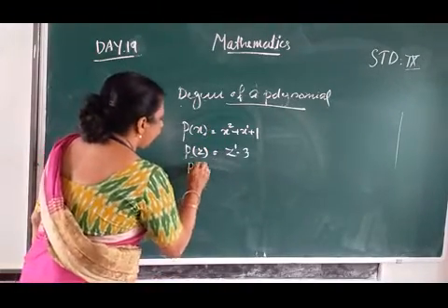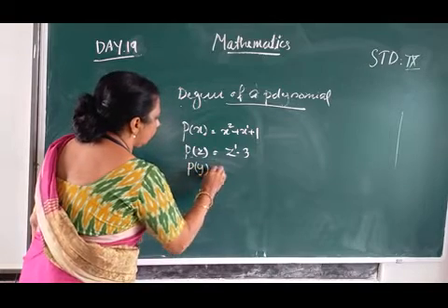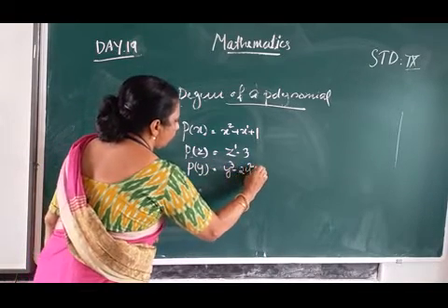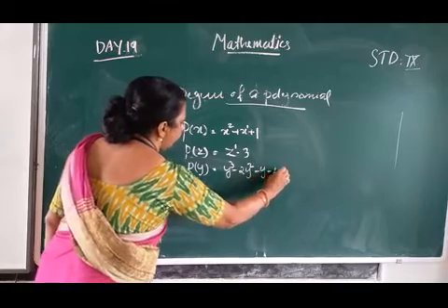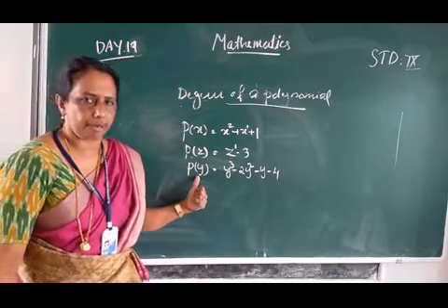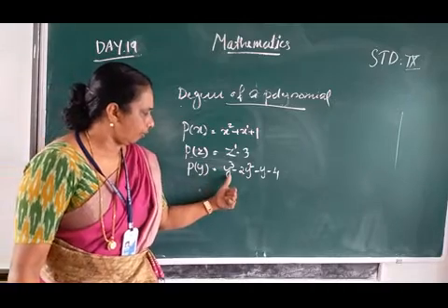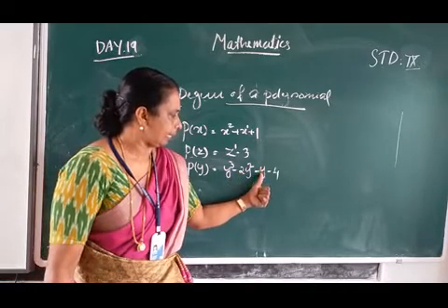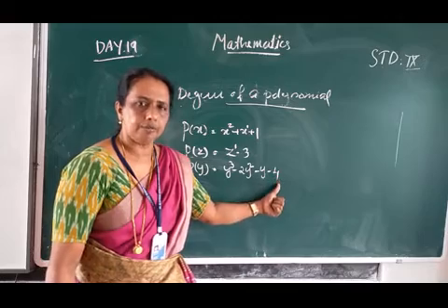Another one, p of y is equal to y cube minus 2y square minus y minus 4. This is a polynomial in the variable y. The terms are y cube, minus 2y square, minus y, and minus 4.